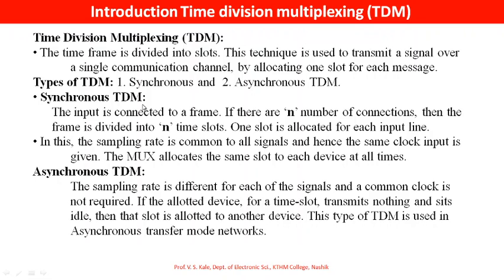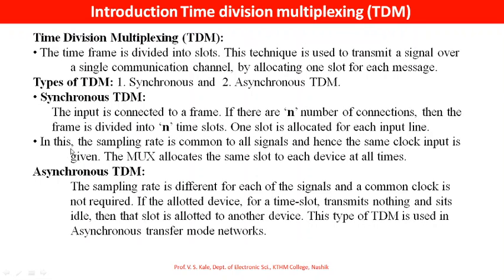In synchronous TDM, the input is connected to a frame. If there are n number of connections, then the frame is divided into n time slots. One slot is allocated for each input line.